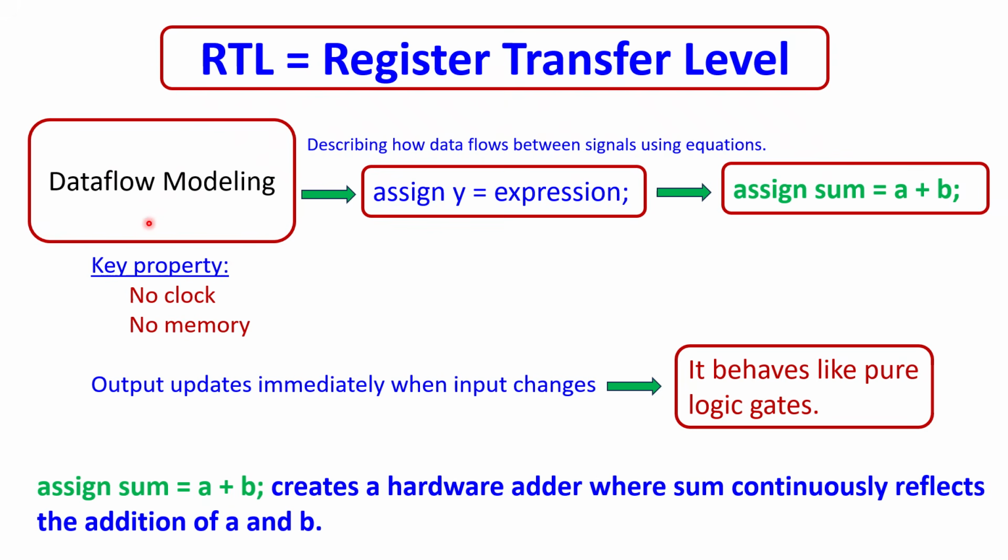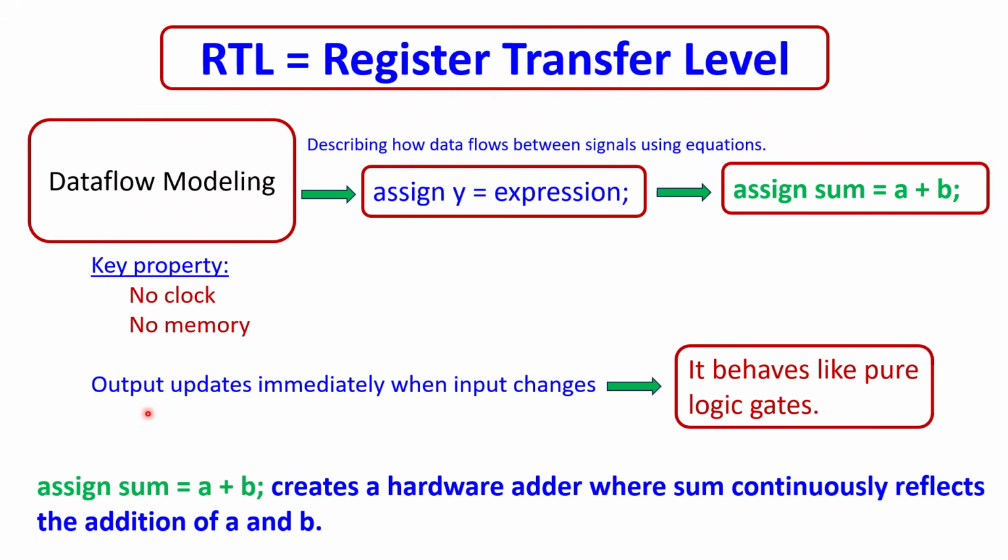The first modeling is data flow modeling. Here it is describing how the data flows between signals using equations. Here it is given as assign y is equal to expression. This is the equation of data flow modeling we are using to write the RTL code. Look at here. For example, we can write it like assign sum is equal to a plus b. In this data flow modeling, we don't have clock and there is no memory.